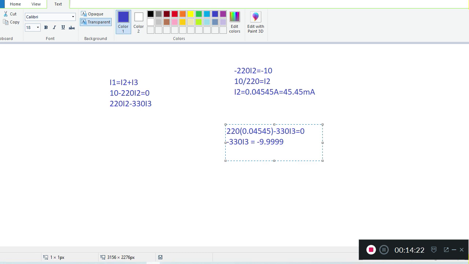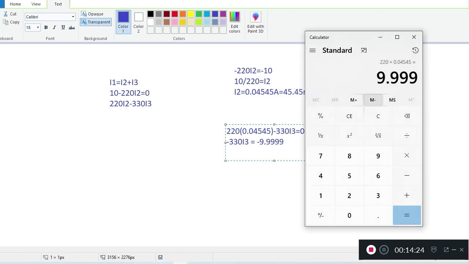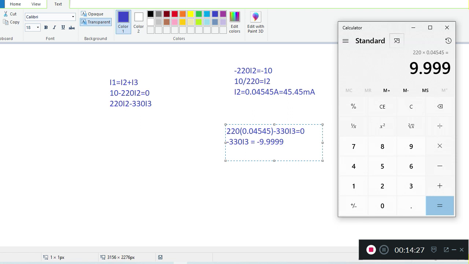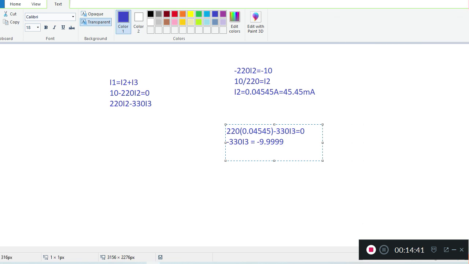So now what I'm going to have here on my calculator is 9.999 divided by 330. What do I get from there? I get 0.0303. That means that I3 is equal to 0.0303, and this one is in amps.